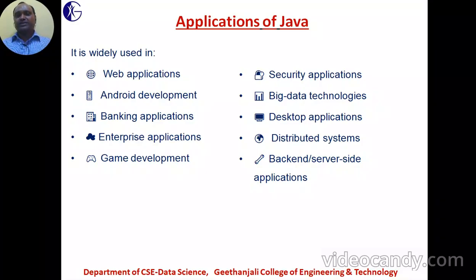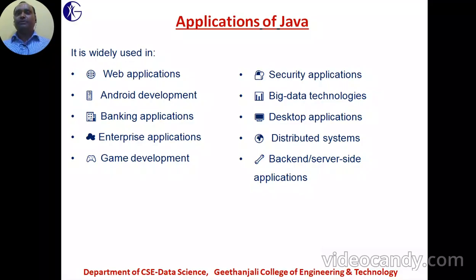Distributed application means sometimes there is a need to execute an application in parallel on different computers, because the speed of execution of that application is very important. The application must complete its execution within a short span of time. If that big application is made to run on only one computer, it will take a long time to complete its execution.